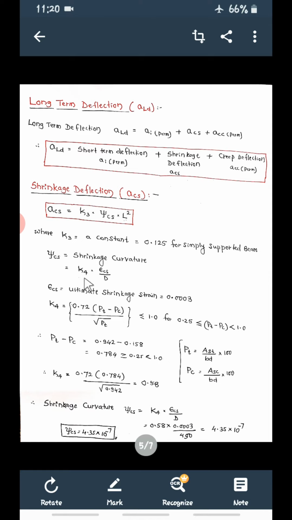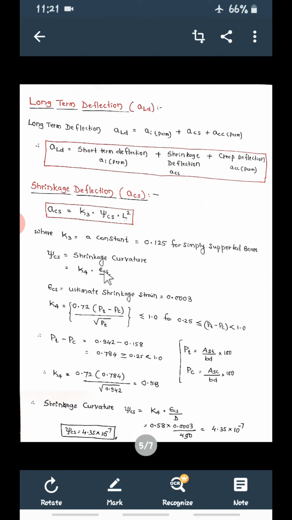This phi CS is calculated as K4 into epsilon CS divided by D, capital D. Then what are this K4 and epsilon CS? Epsilon CS is the ultimate shrinkage strain.